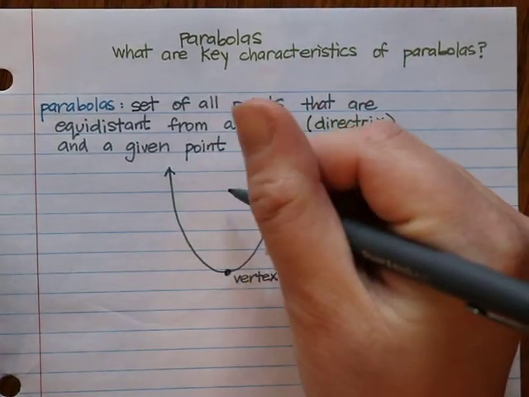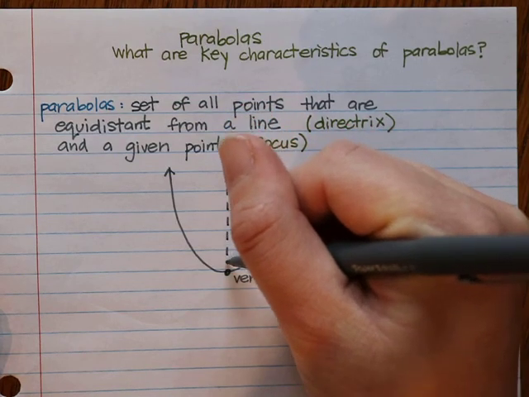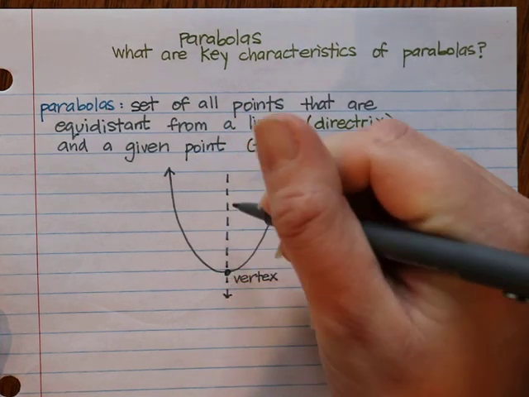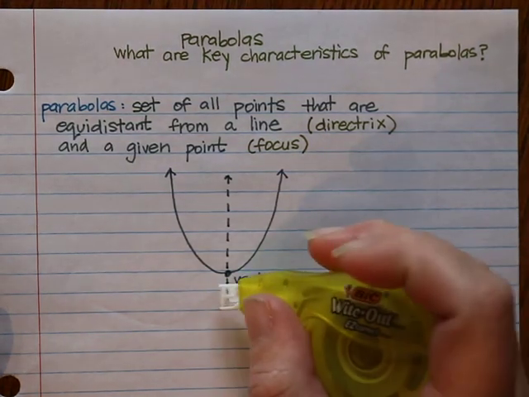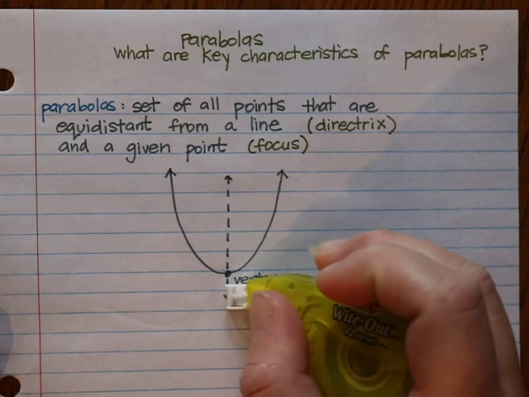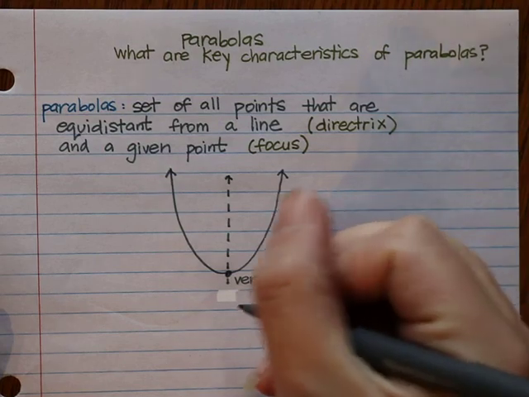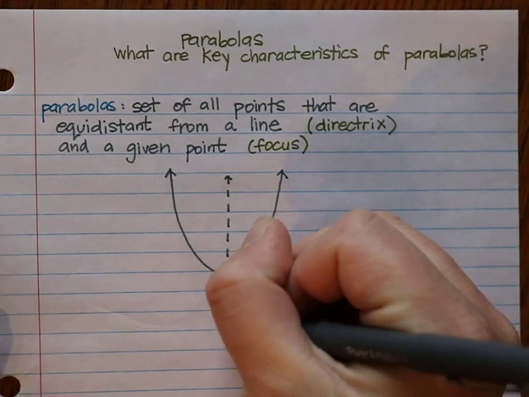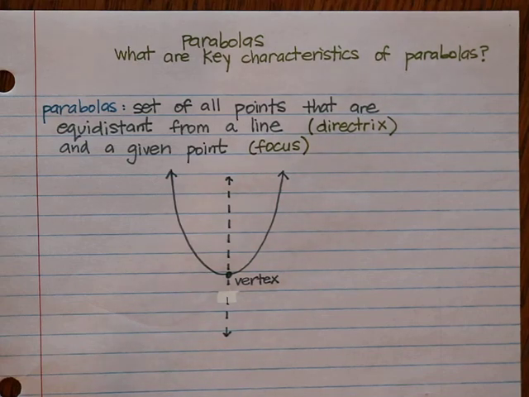Another piece of information that we relied on was the fact that we could draw a line that would cut our parabola perfectly in half. I'm going to take mine down a little further, make this more of an epic line. It's the axis of symmetry. Axis meaning line or dividing line, right?